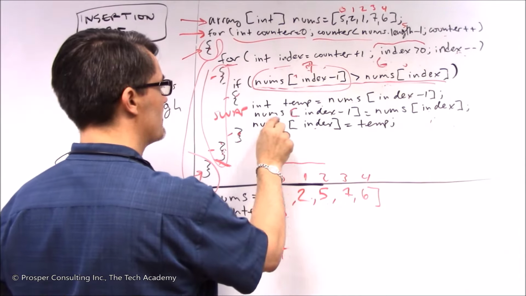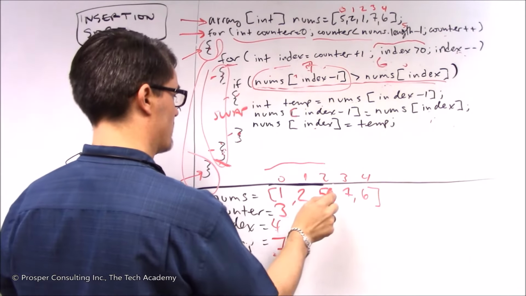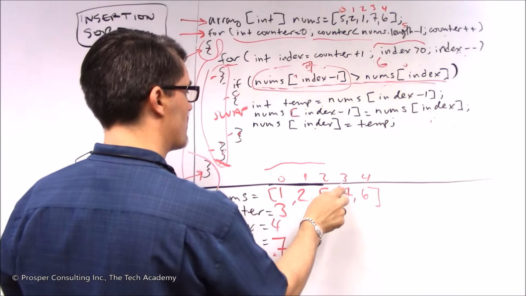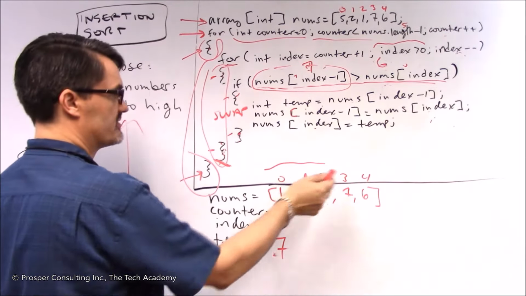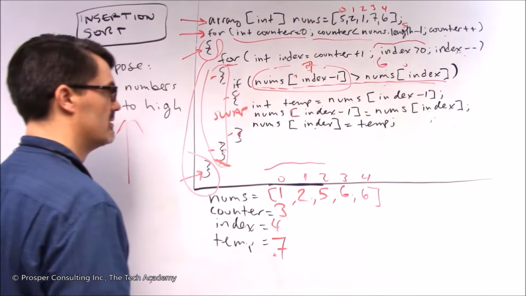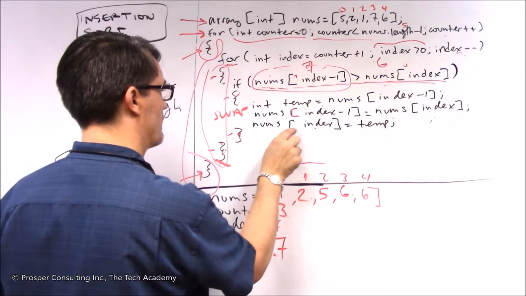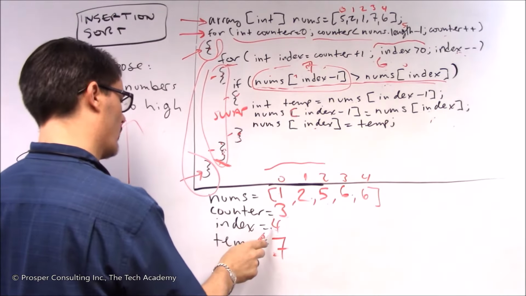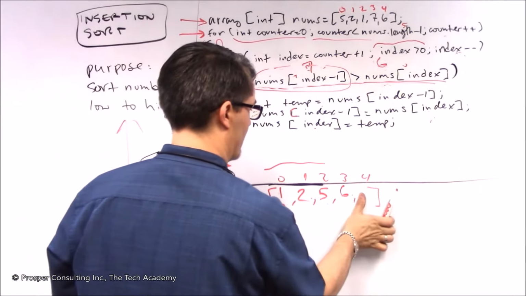The element in the array at position 4 minus 1, 3, we're going to make that equal to whatever's at position 4. Position 4 is 6, so we're going to make this 6. And then we take our temp data back. We make the element in the array at position 4 equal to the value we stored for temp, which is 7.